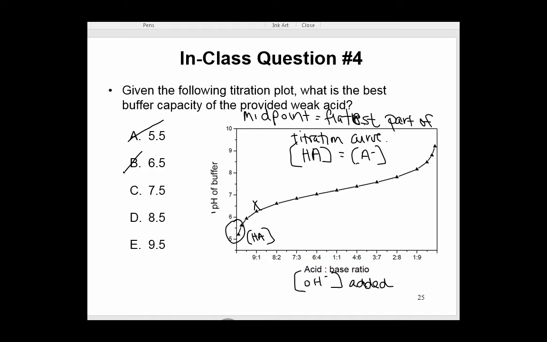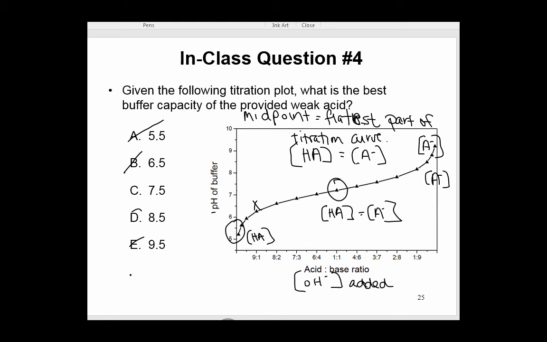Well, let's talk about 8.5 and 9.5 up here. At 9.5, you should be able to realize that we're mostly in the conjugate base form, and at 8.5. So only at a pH of around 7.5 is this relationship true, and are we at our best buffer capacity of this weak acid.